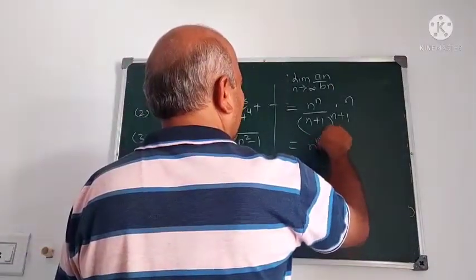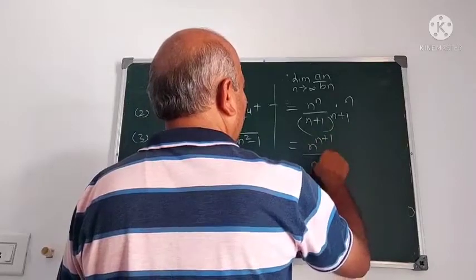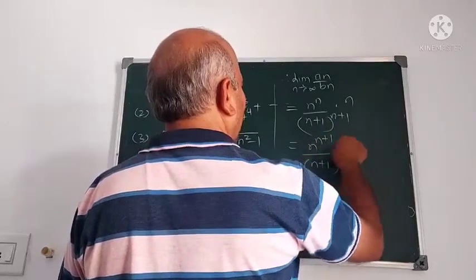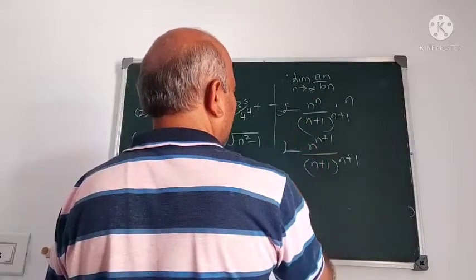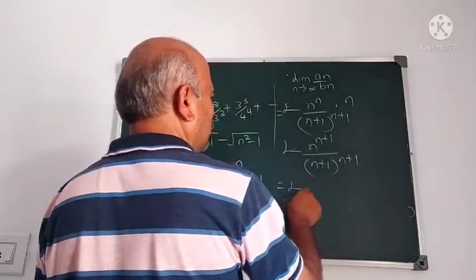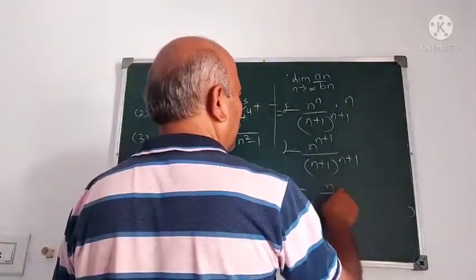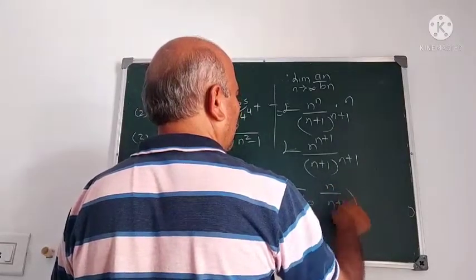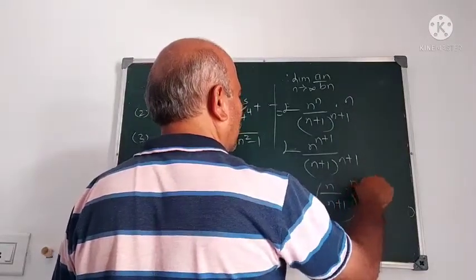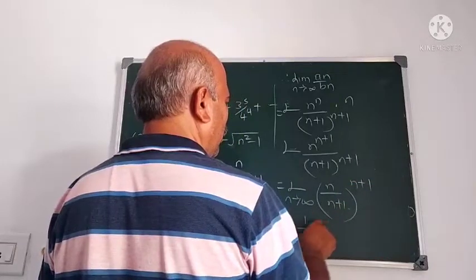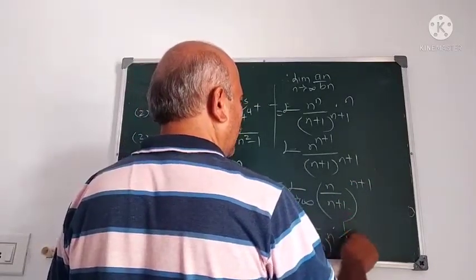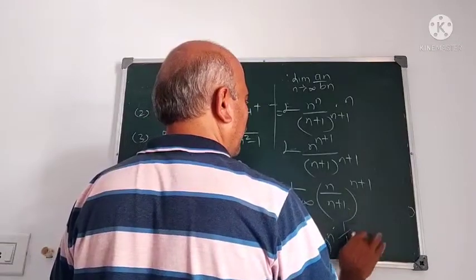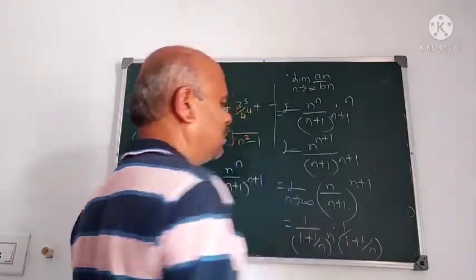It is n raised to n plus 1 upon n plus 1 raised to n plus 1. You write here limit n tends to infinity of n divided by n plus 1 whole raised to n plus 1, or it is 1 upon 1 plus 1 by n raised to n into 1 upon 1 plus 1 by n.